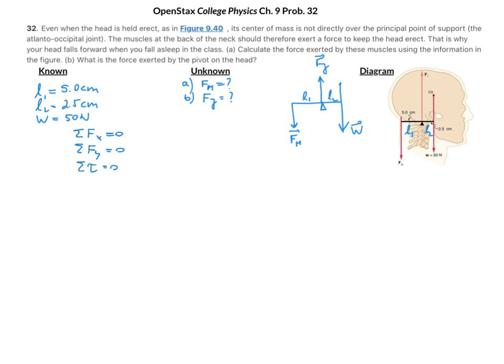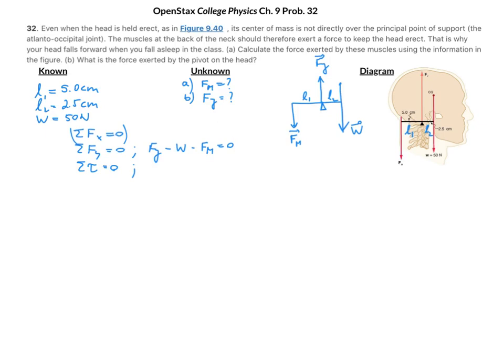Well, luckily in this problem we have no forces in the x direction, so this equation won't tell us anything. In the y direction we have three forces. We have one going up, and that's F sub j, and we have two going down, that's the weight and the force of the muscle, so the sum of these three forces is 0. Well, this equation is not very helpful because I have two unknowns.